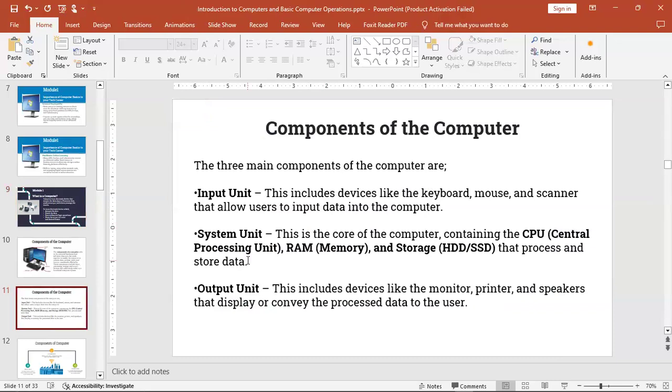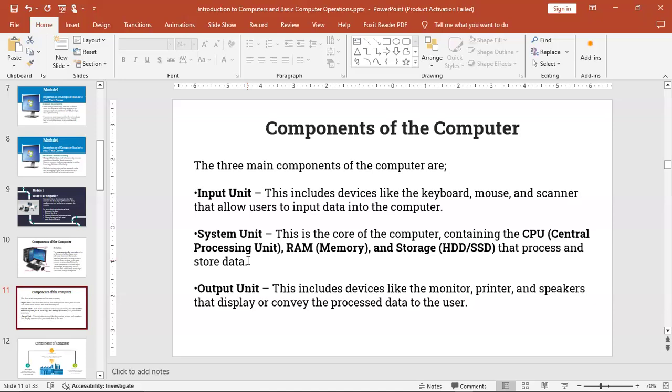So let's look at the three main components of a computer. As we said, we have the input unit. This includes devices like the keyboard, mouse, and scanner that allow the user to input data into the computer. So you input that raw data, because what is data?